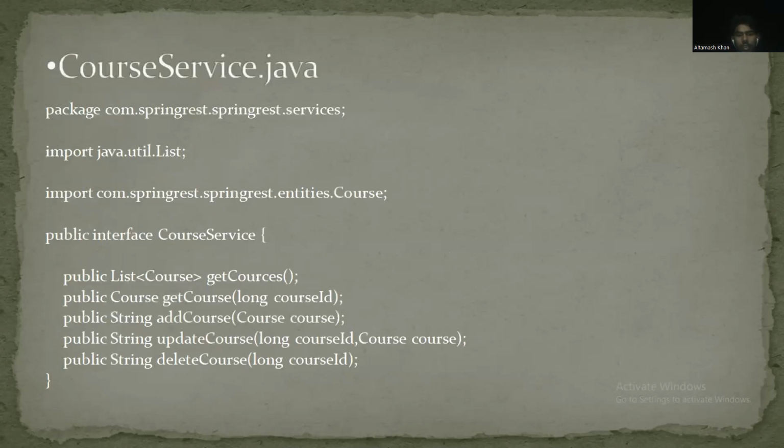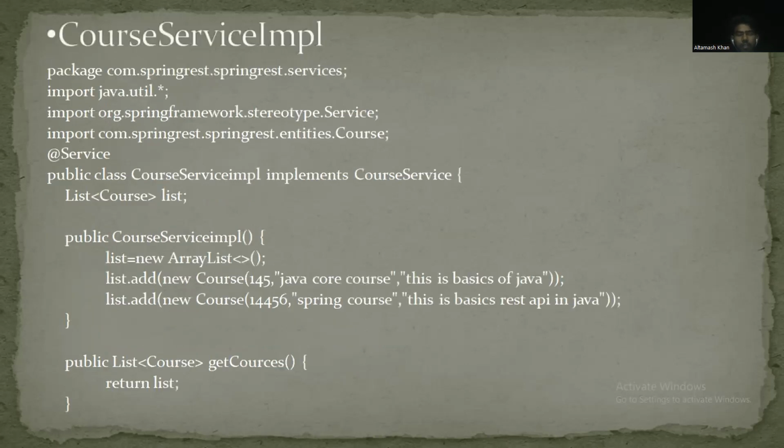And this is the course service that I'm talking about. This is actually the interface of it, in which I have declared that I am making these five methods. The implementation of those methods is in this file, course service implementation. In this class, you can see the implementation, where I am implementing course service. Here is a list of the course that I have made.